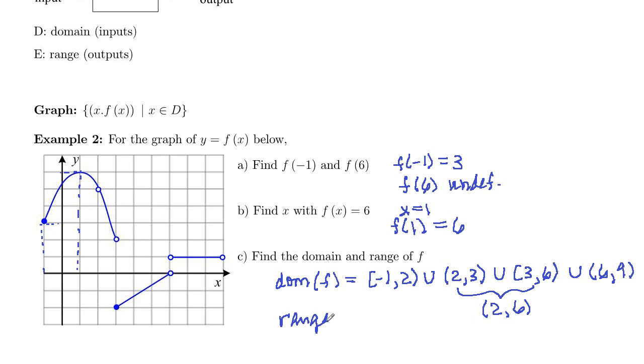Range of f. So that's all of the y values that are covered when these x values are plugged into the function. So we can see that our highest y value up here is at 6, and we hit every y value down to 2, but not including 2. So we've got 2 to 6, close bracket at 6 because we're including 6.